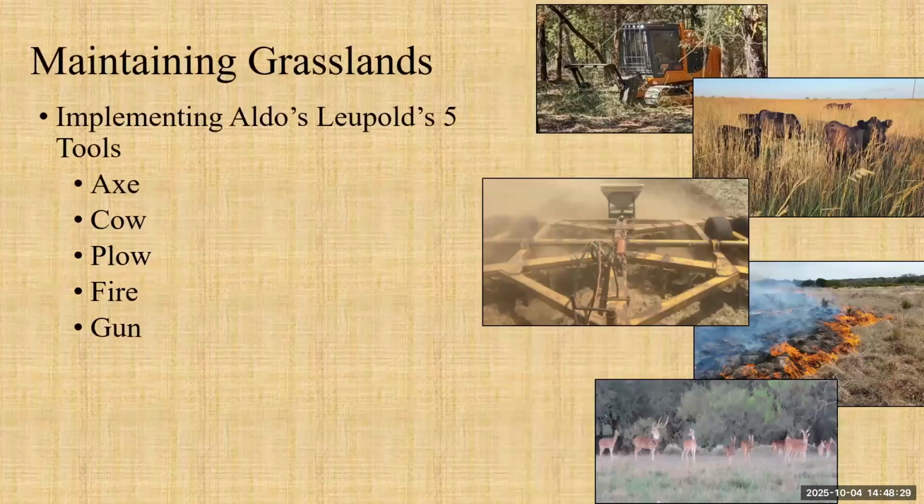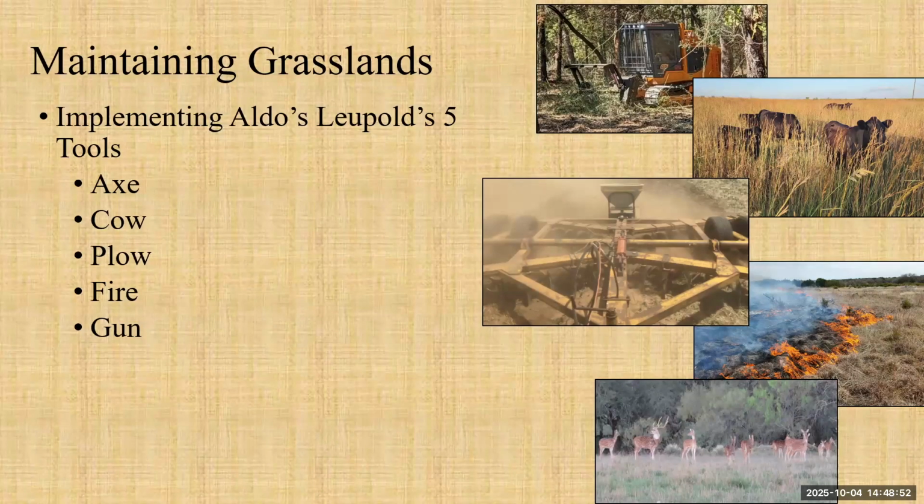And so when we're working in that system where we have savannas, shrubland, and woodlands, we can implement Aldo Leopold's 5 tools to manage those systems back to that savanna system. If we have a woodland, we can use the axe to take it back to a savanna.